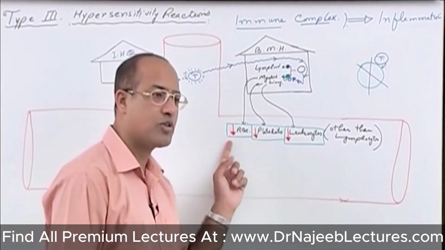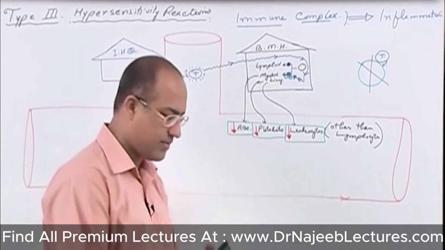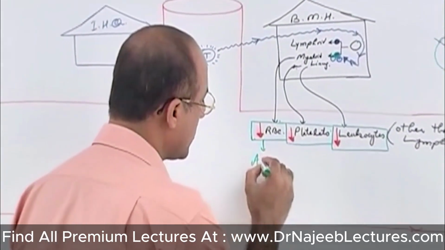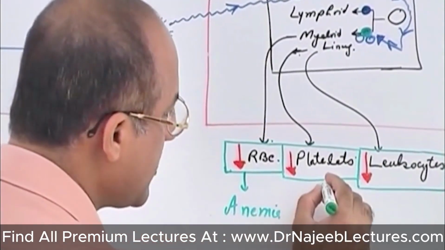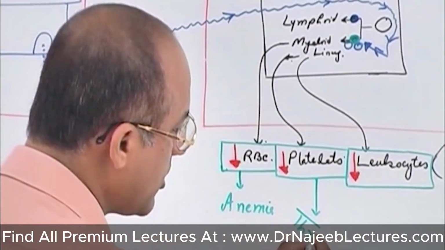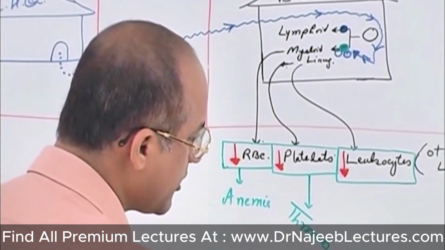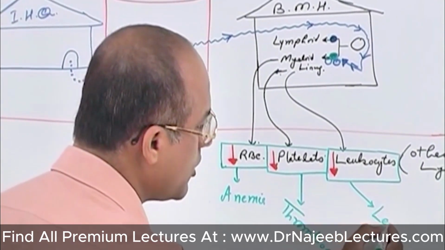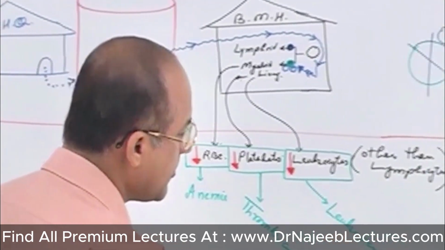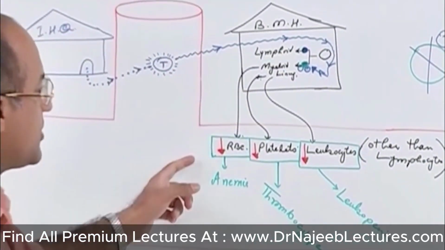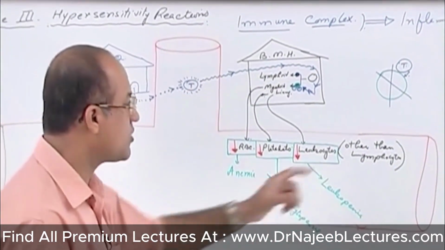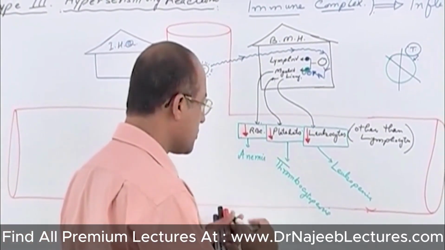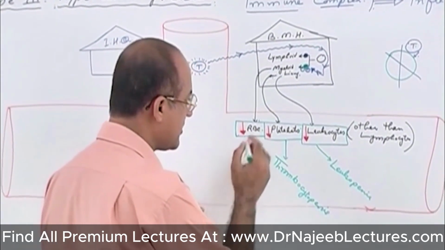So this patient develops severe anemia, thrombocytopenia, and leukopenia. When someone has fewer RBCs, fewer platelets, and fewer white cells, we say this person has developed what type of problem? If all these three problems are there, yes.